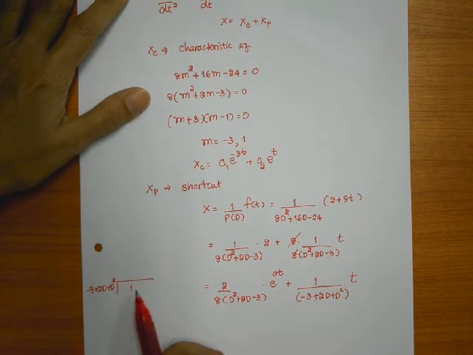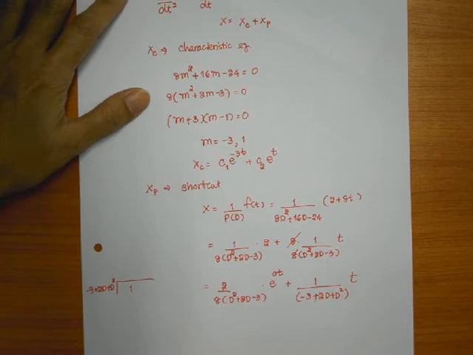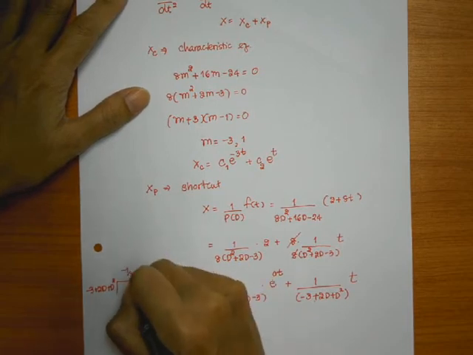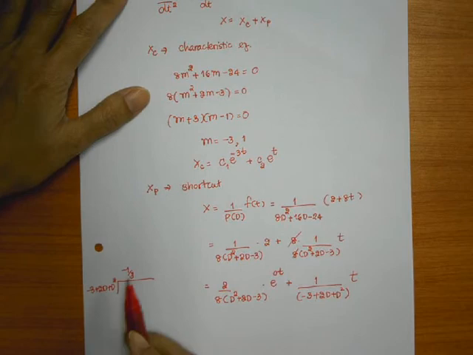What's the number that we can multiply with minus 3 and make us get plus 1? Minus 1 over 3, right? Minus 1 over 3 times 3 equal to 1.